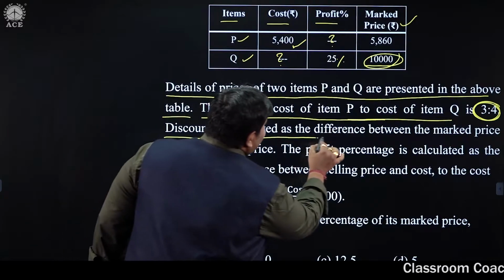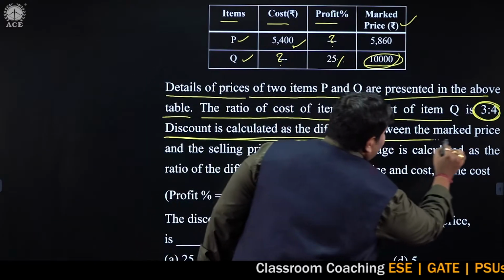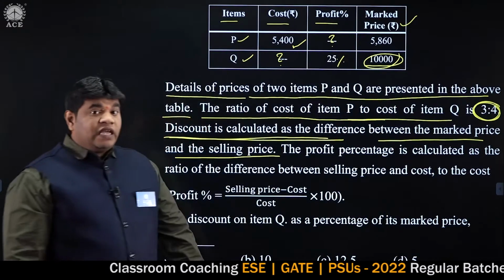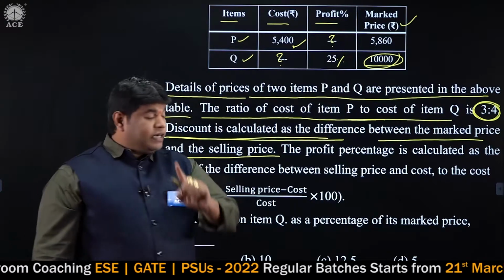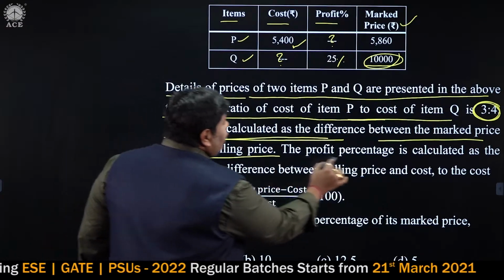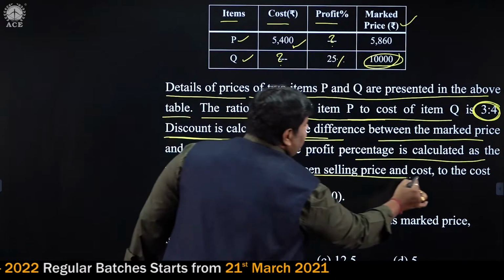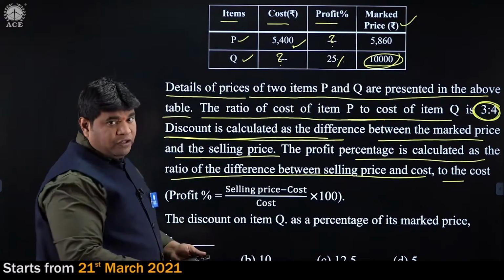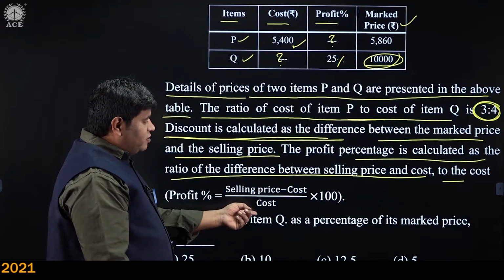Discount is calculated as the difference between the market price and selling price. Discount is market price minus selling price. The profit percent is calculated as the ratio of the difference between the selling price and cost to the cost. We know this: profit is selling price minus cost price, compared with cost price, into 100.